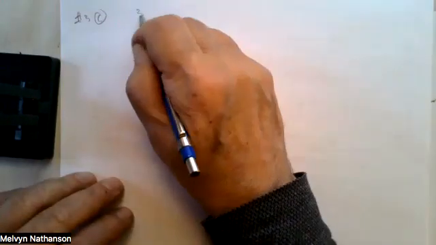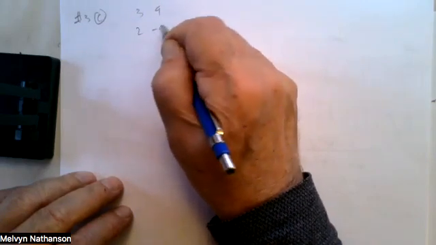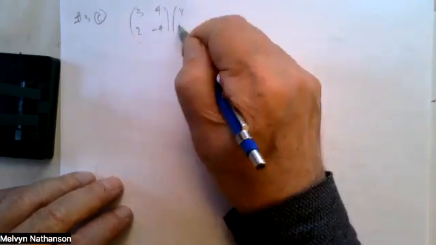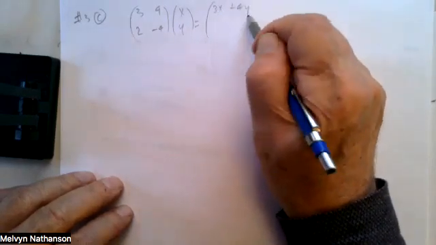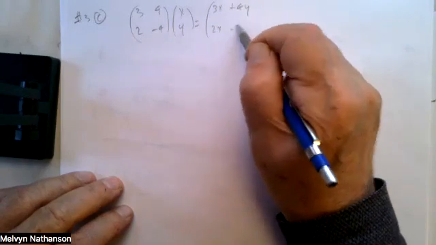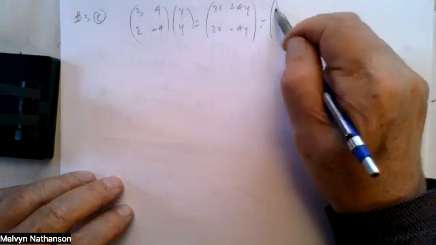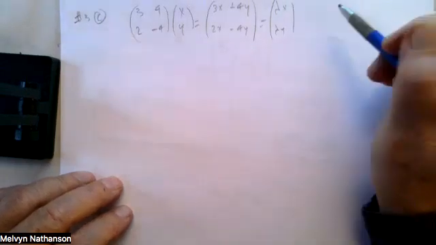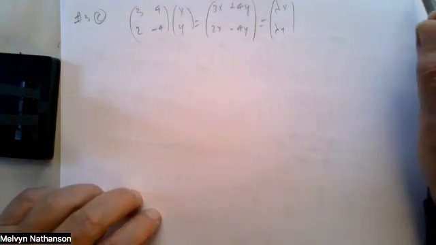So the matrix is 3, 4, 2, minus 4. If you multiply that by a vector xy, you get 3x plus 4y, 2x minus 4y. And we want to know when that gives the vector lambda x, lambda y, for some x and y not both 0, and lambda can be 0.